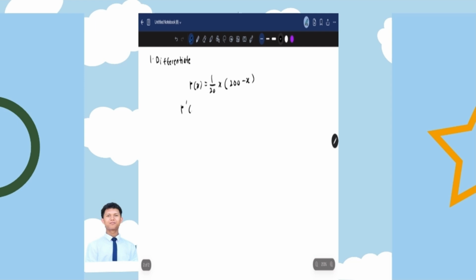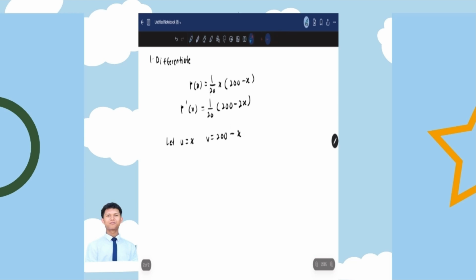Therefore, P prime x, we will get 1 over 20 times (200 minus 2x). But how do we get this? In order to get this, we need to use the product rule. Therefore, we let u be x and v be 200 minus x.